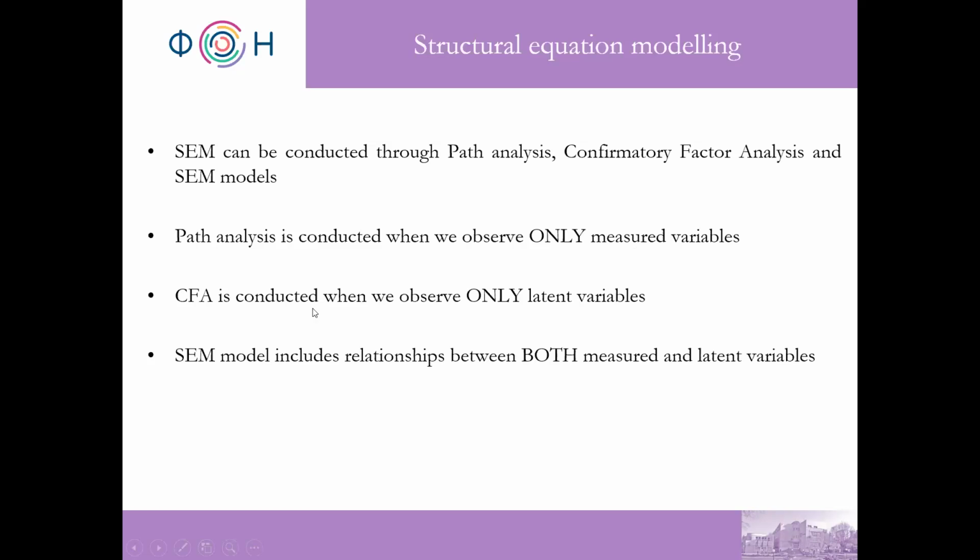Confirmatory factor analysis is conducted when we observe only latent variables. So we are only observing latent variables and their correlational relationships. We'll see that in a minute. And a SEM model is, let's say, a combination of everything. So in a SEM model, we have latent variables, relationships between them, and measured variables.